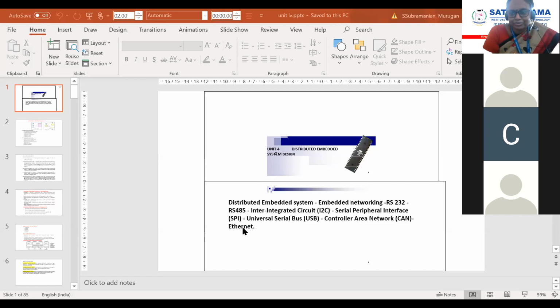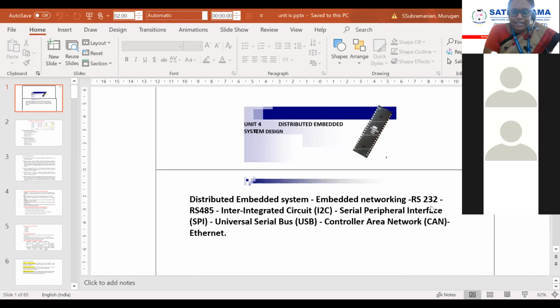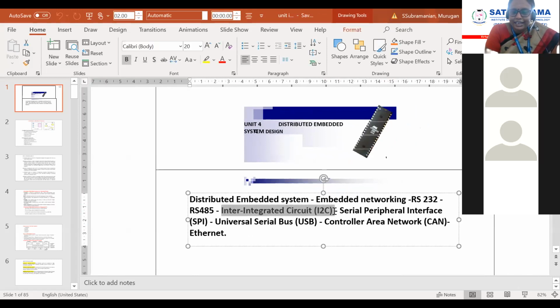Controller area network, ma'am. Okay, so remember all the serial protocols, RS-232, RS-485 we have completed. Then controller area network also completed. Today we are going to see inter-integrated circuits, I square C. SPI, USB, Ethernet we will discuss next week, so probably we will complete next week.